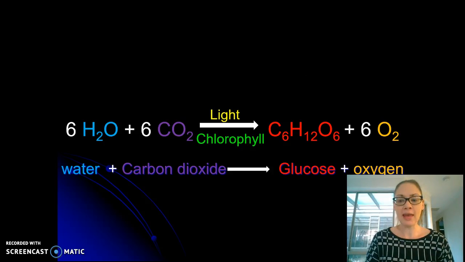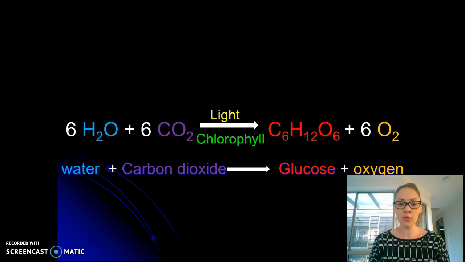So if we're looking at the chemical equation for photosynthesis, and I strongly urge you to learn this year, it will make your life a lot easier. So it's all sixes, so it's actually quite easy to remember. So 6 water molecules plus 6 carbon dioxide molecules in the presence of light and chlorophyll goes to glucose and 6 oxygen.